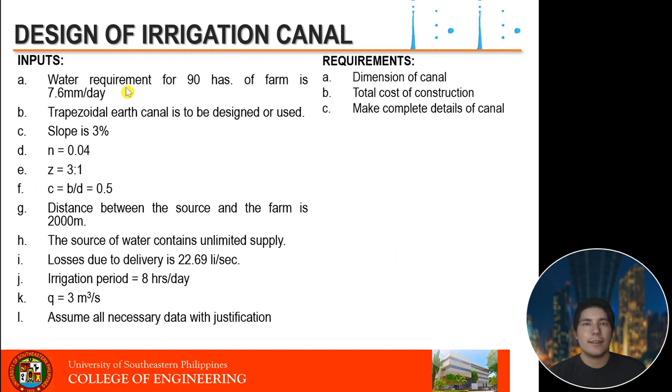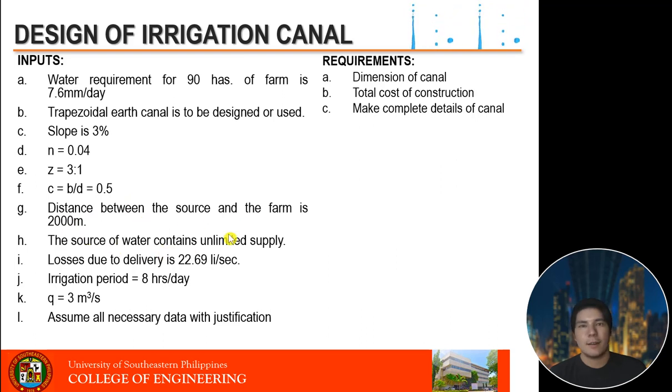So, another example: the water requirement for 90 hectares of farm is 7.6 millimeter per day. Again, a trapezoidal earth canal is to be used with a slope of 3%. The roughness coefficient is 0.04 with a side slope of 3 to 1. And then we have B over D of 0.5. The distance between the source and the farm is 2,000 meters.